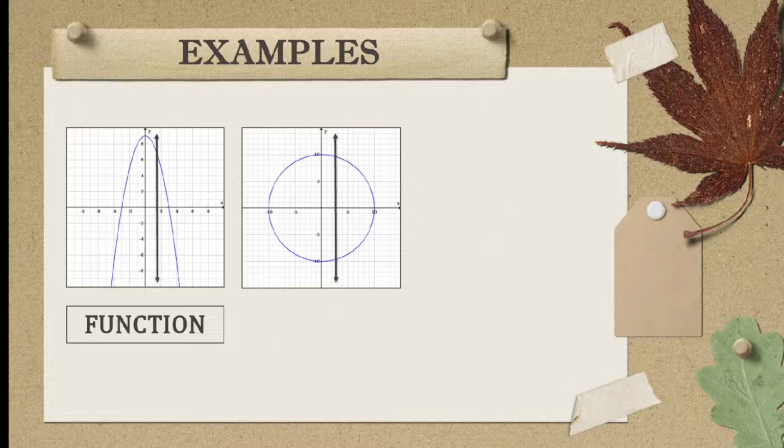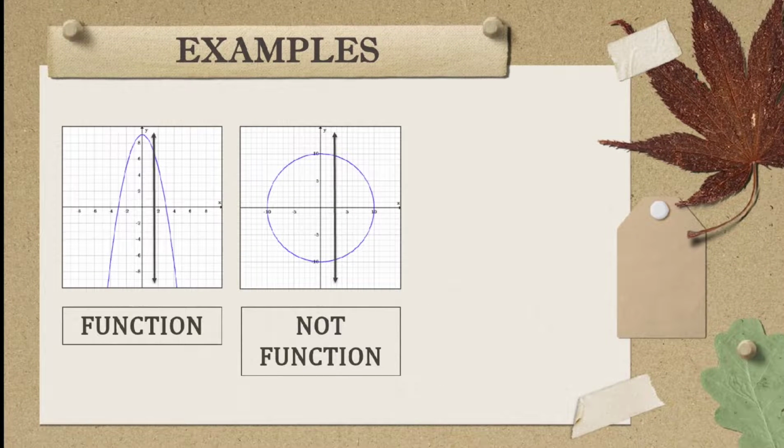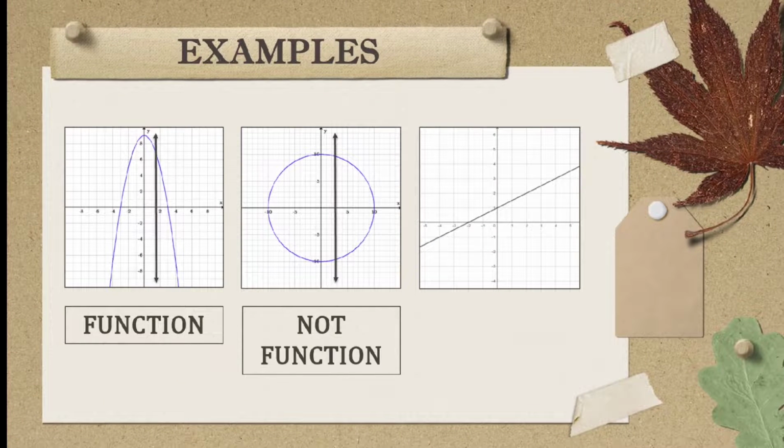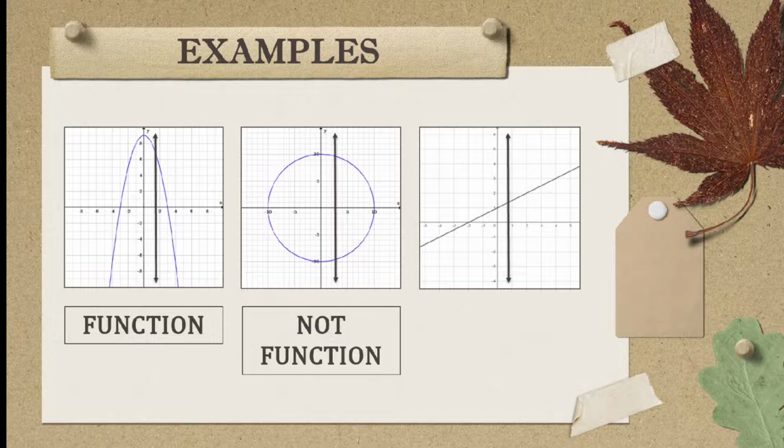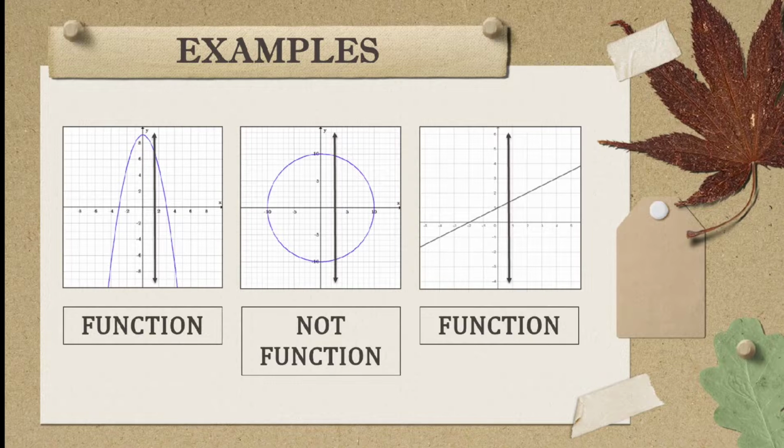As you can see, there are two intersections in the vertical line. It means that the graph is not a function. Let's proceed to the last graph. Applying the vertical line to the linear graph, the vertical line has only one intersection. And this means that the graph is a function.